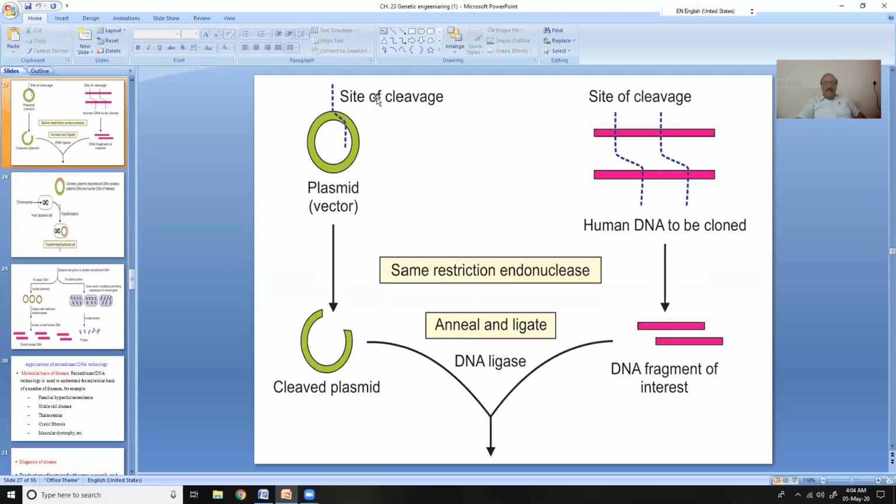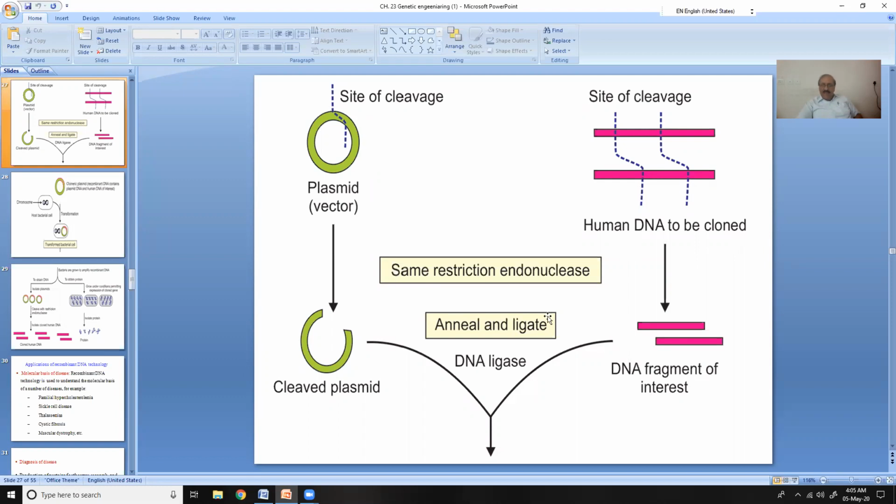Come to this. It is a plasmid, which is used as the vector. It is human DNA. With the same restriction endonuclease, we get two DNA fragments, and we integrate these DNA fragments into our plasmid.